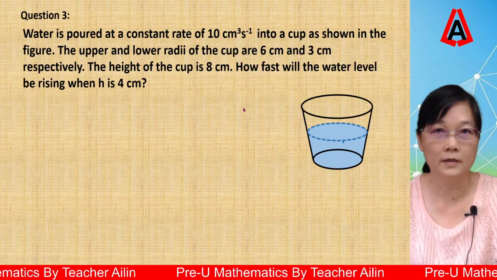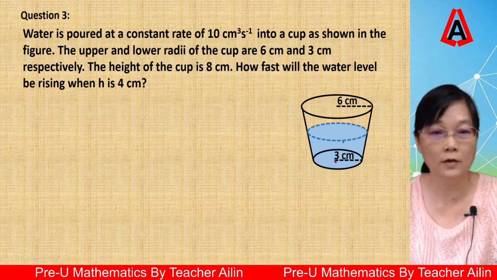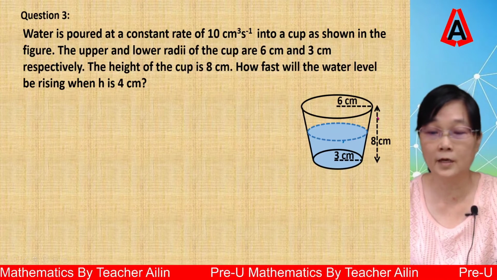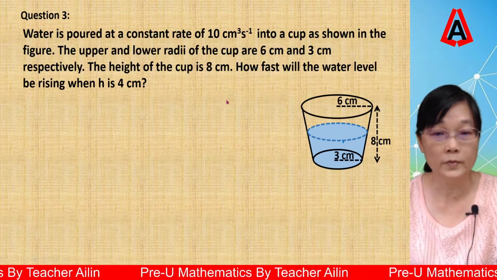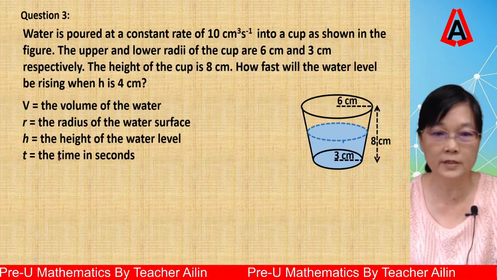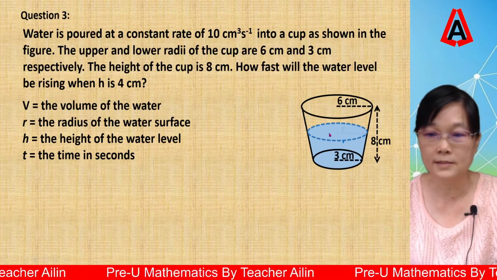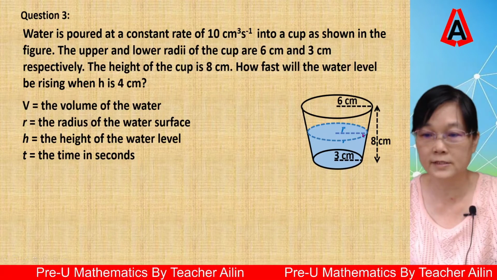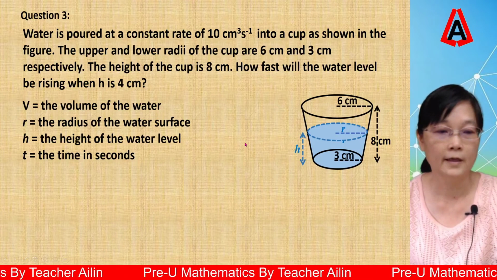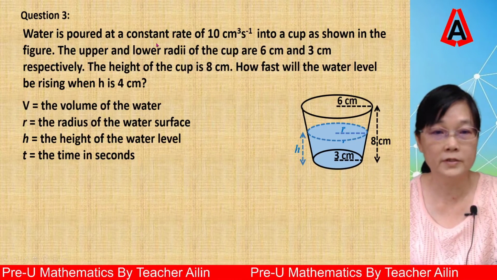From the question, the upper radius is 6 cm, the lower radius is 3 cm, and the height of the cup is 8 cm. Before we proceed, of course, we need to define all the variables. V is the volume of the water, r is the radius of the water surface, h is the height of the water level, and t is time in seconds.